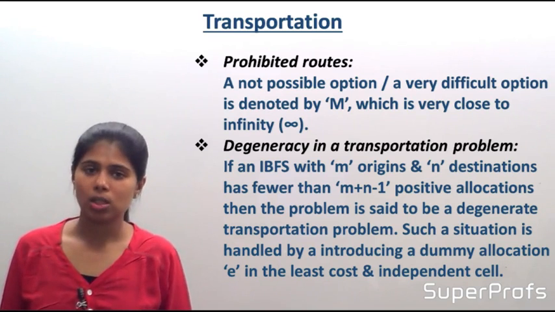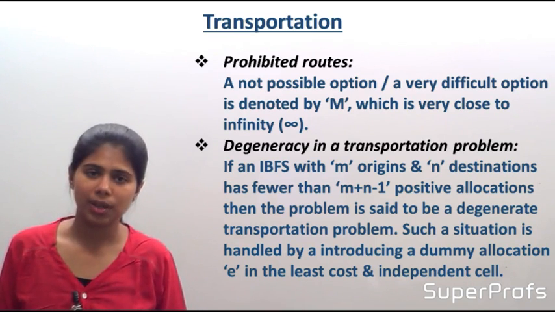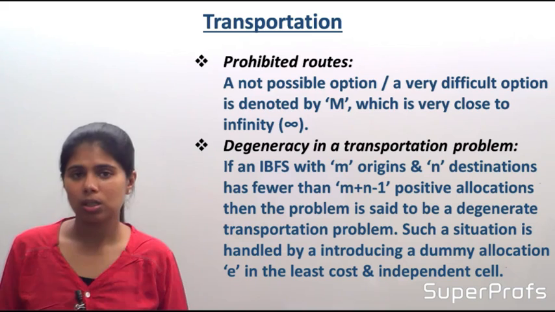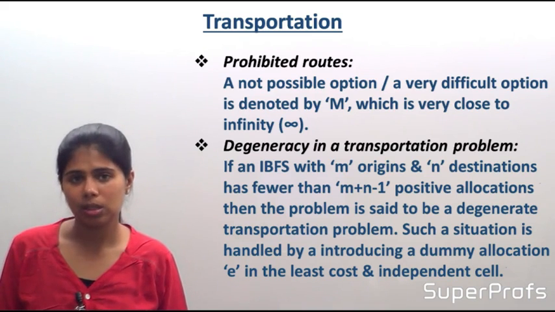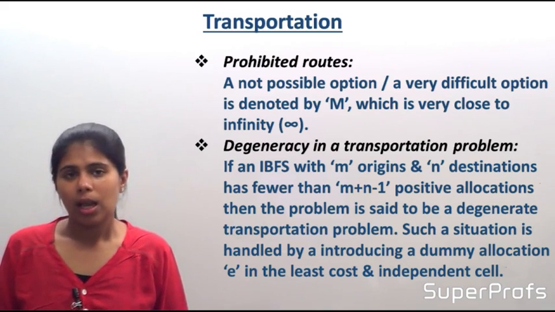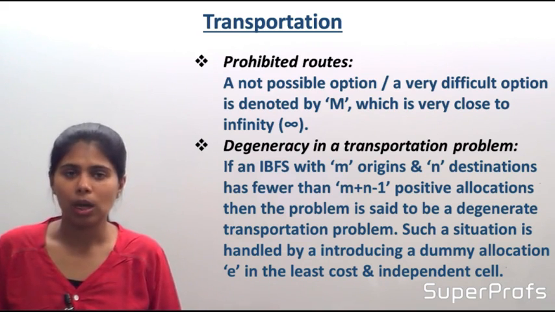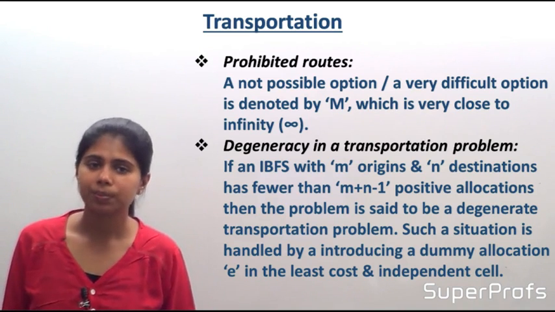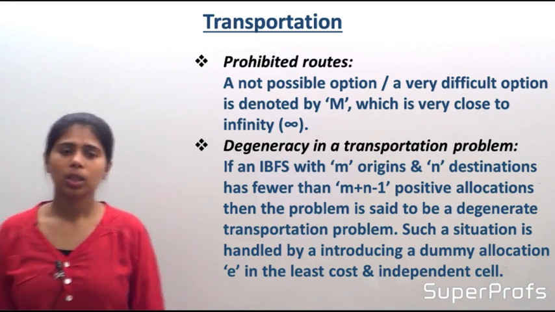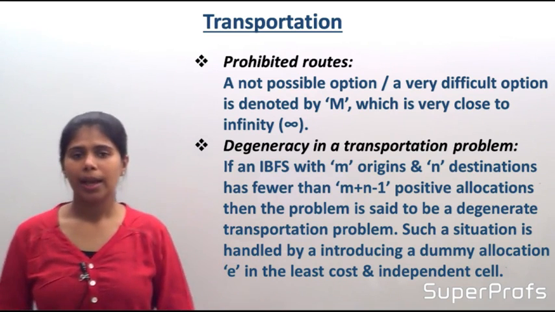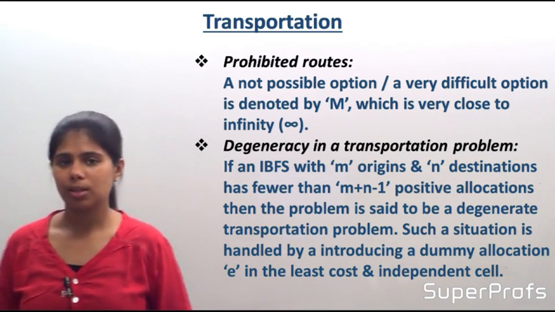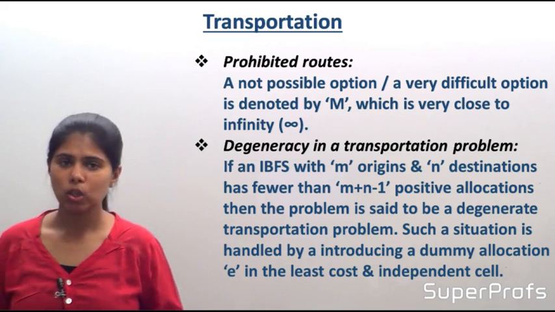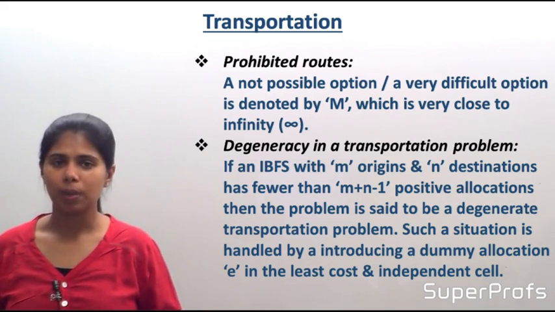If there is an alternate solution, or if the test fails, then we have to find out another solution using the loop matrix. So we did all of that, and how to prepare the transportation schedule after it. So that is all what transportation talks about, and I hope you did understand this well, and I hope you will go back and practice a few more questions based on this lecture to be able to understand it better. Thank you.